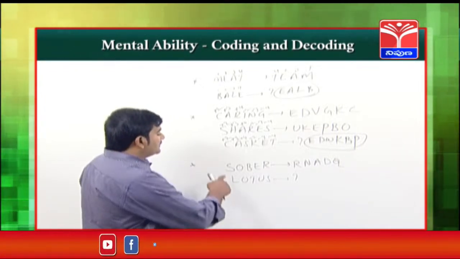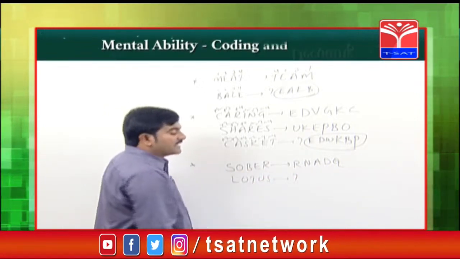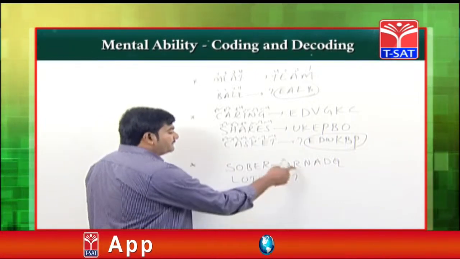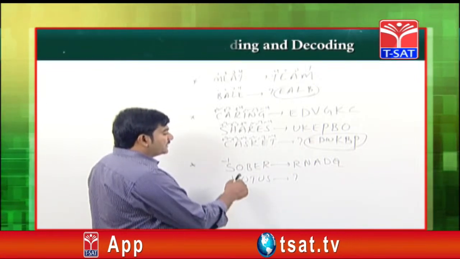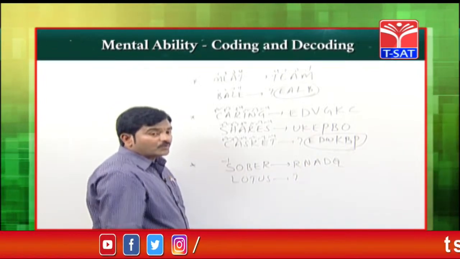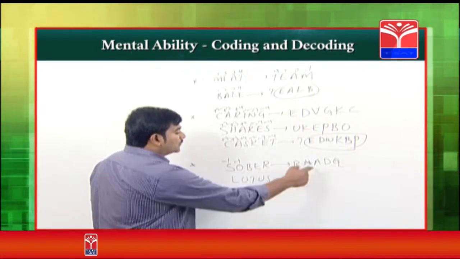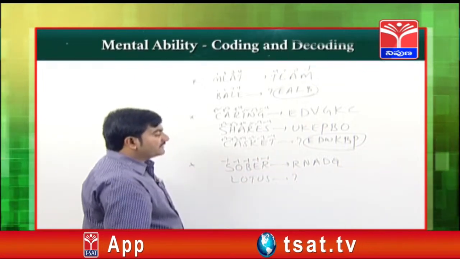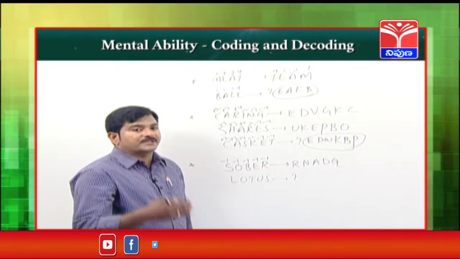If you observe, S means 19, whereas R means 18. 19 became 18, reduced by one. Similarly O means 15, N means 14, 15 became 14, again -1. So B means 2 became 1, 5 became 4, 18 became 17. The concept involved in this question is -1 -1 -1 and so on.